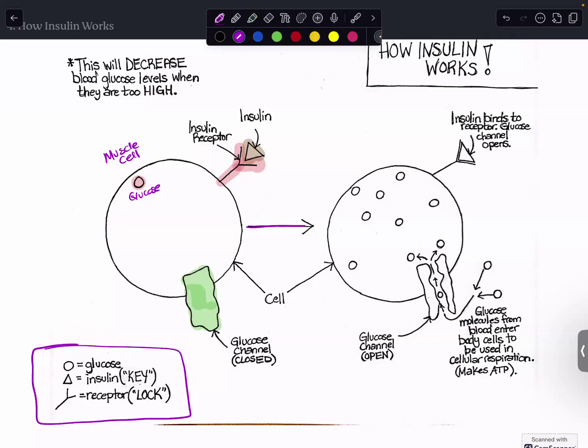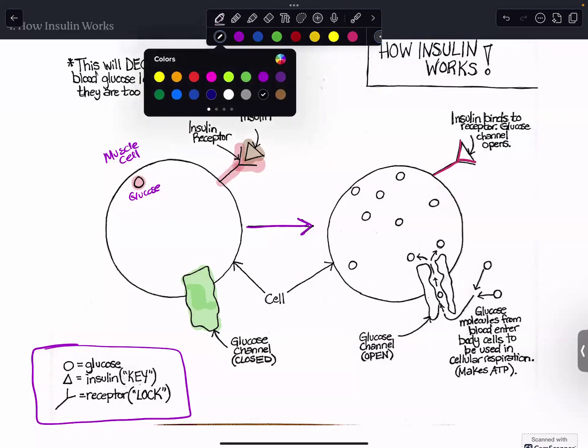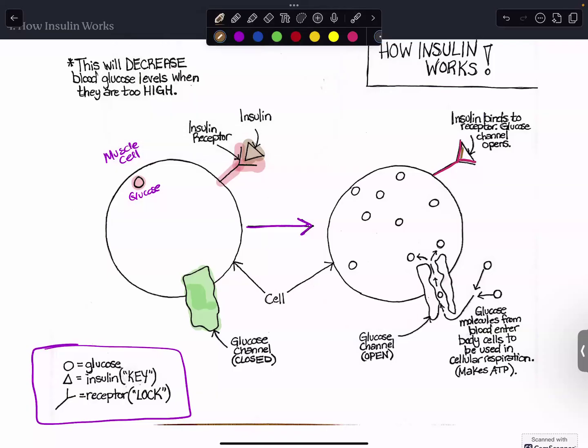So if you look here, right, insulin is binding to the receptor. All right, this is my receptor, my insulin. Right, they're actually interacting with each other. And as a result, that glucose channel is going to open up.